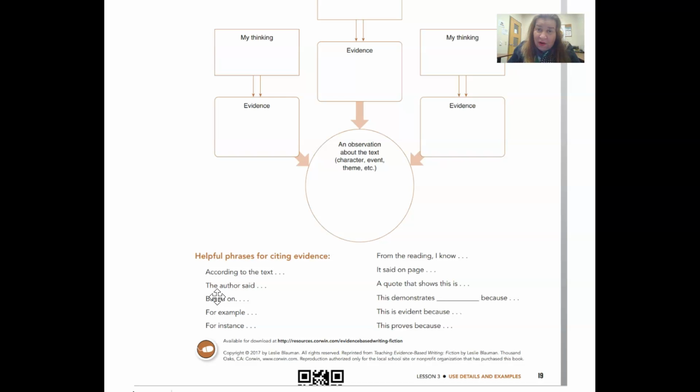It could end you up in a lot of trouble. Use "for example," "for instance," "as it said on the page," "from the reading, I know," and then you put quotations because you read it. A quote that shows this is something from the story you've been reading. Put quotations around it, and you will have much stronger essays.